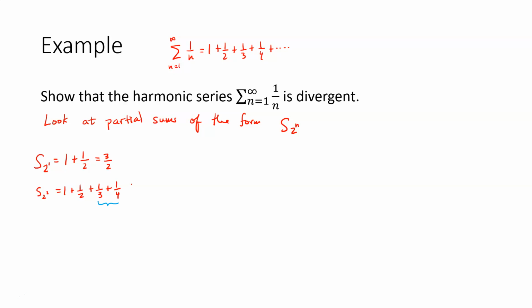So 1/3 gets replaced with 1/4, and I get something that's smaller. Okay. So then I have 1 plus 1/2, and then 1/3 becomes 1/4, so that's 1/4 plus 1/4.